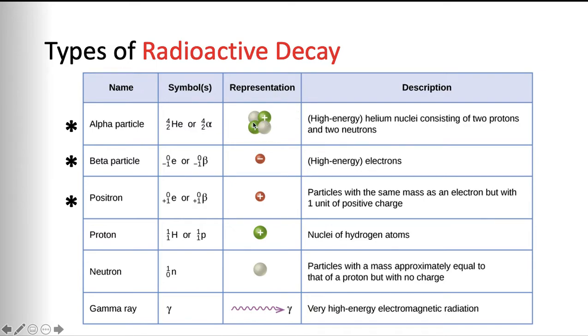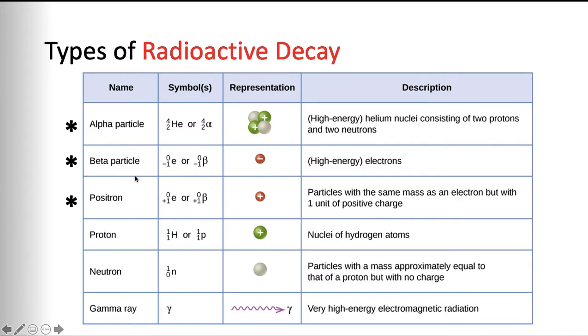With every alpha particle, you're losing 2 protons, so you can reduce the atomic number Z very quickly. And you're also losing a mass number of 4 because you have a mass of 4 that you're giving off, 2 protons and 2 neutrons.